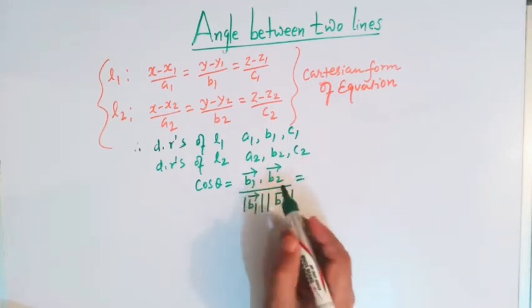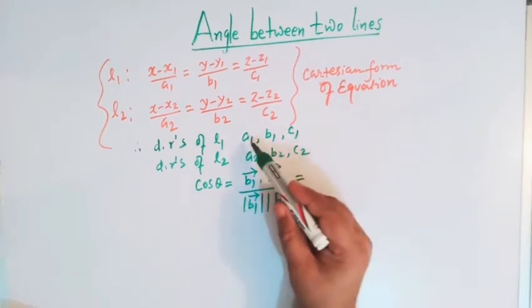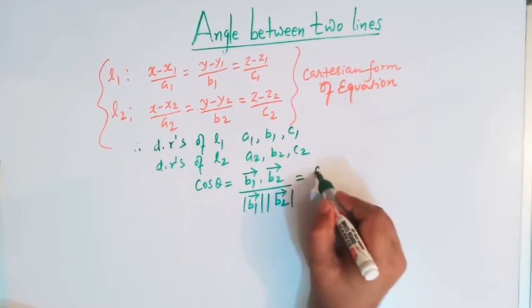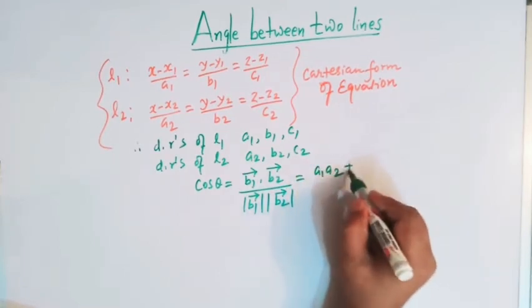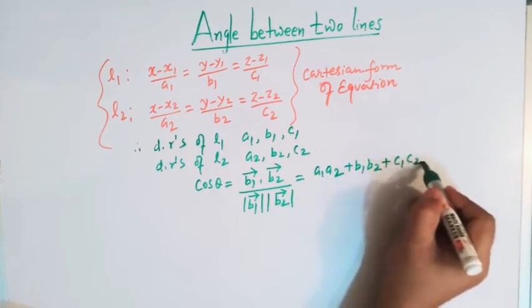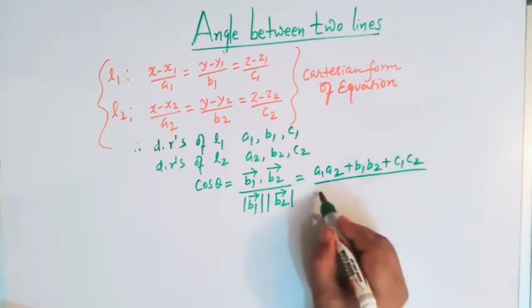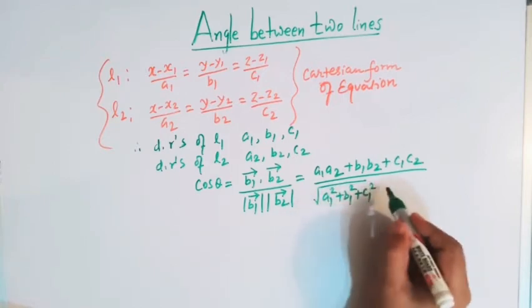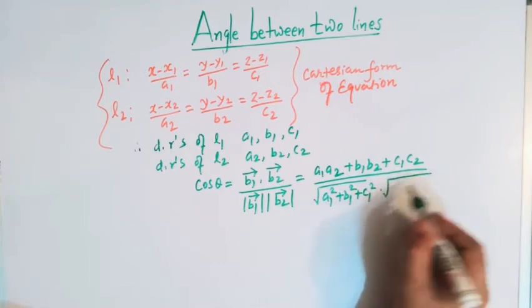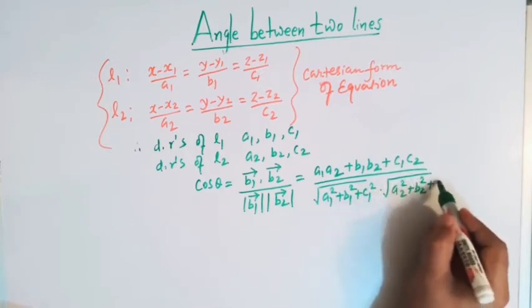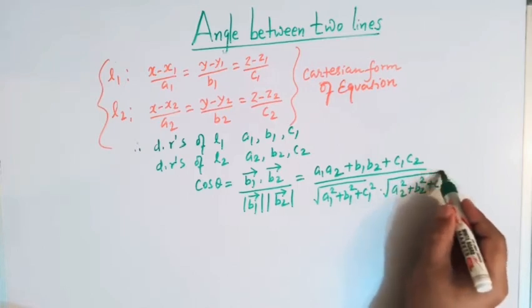Now b1 dot b2 can be written as a1 a2 plus b1 b2 plus c1 c2 divided by the square root of a1 square plus b1 square plus c1 square multiplied by a2 square plus b2 square plus c2 square, right?